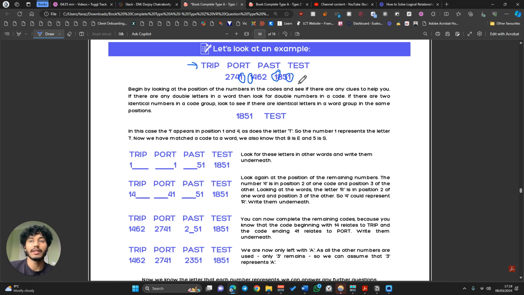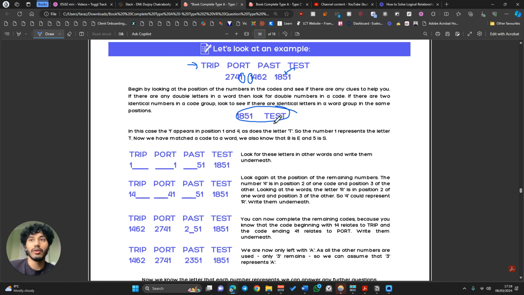You can see none of these actually have that, so it can't be P. What you can see though is one of these words, test, has a T on both the start and the end. That means these two are linked, because it's the only code that would work for test. So that's what they've done here. They figured out that the code for test is 1851.